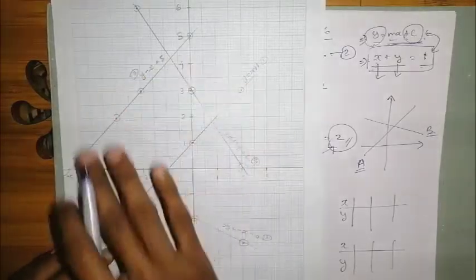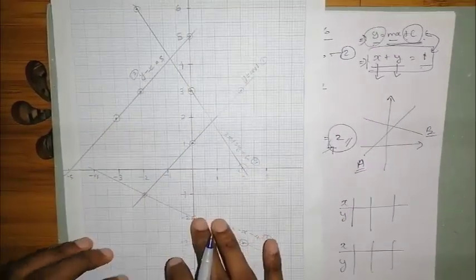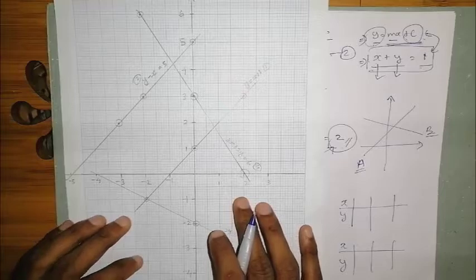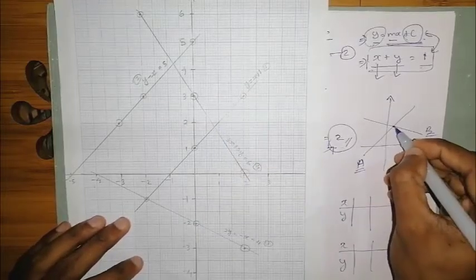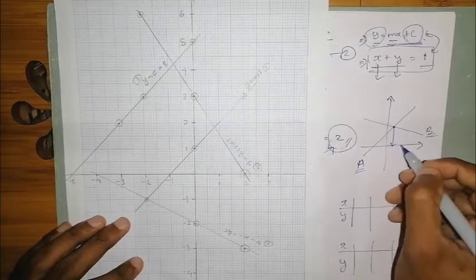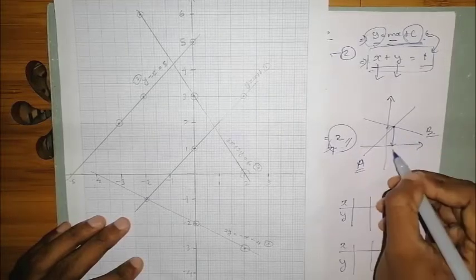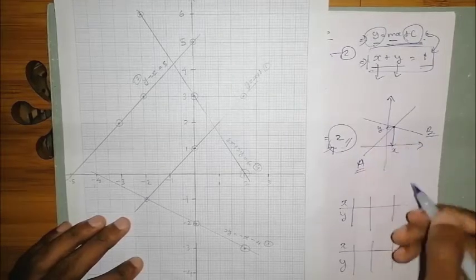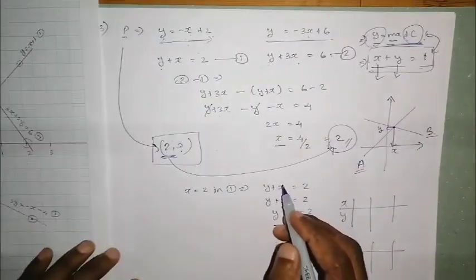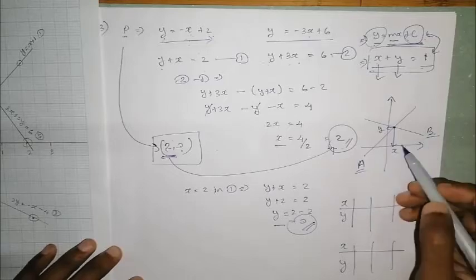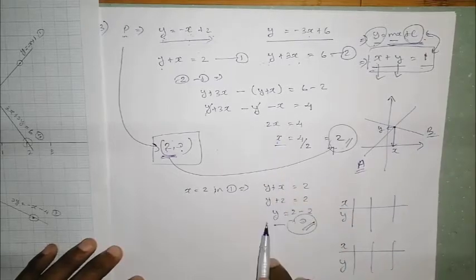If you draw them, they will intersect. The point of intersection, the x value and the y value, are the solutions of the simultaneous equations, x and y.